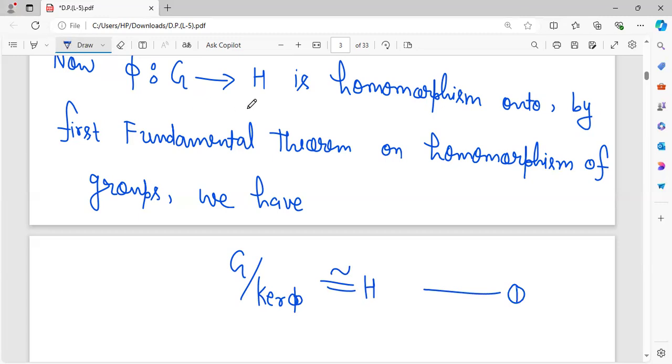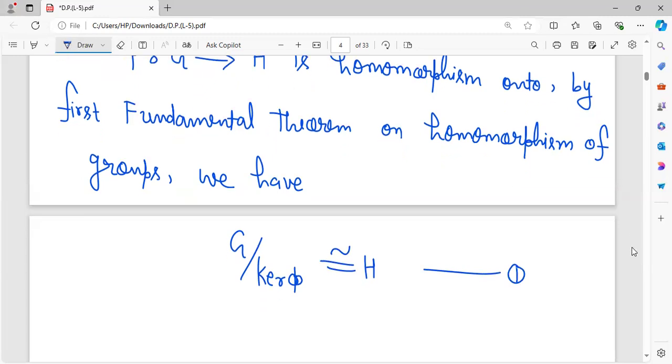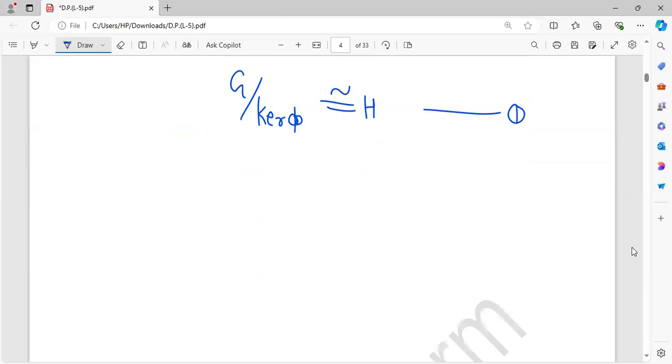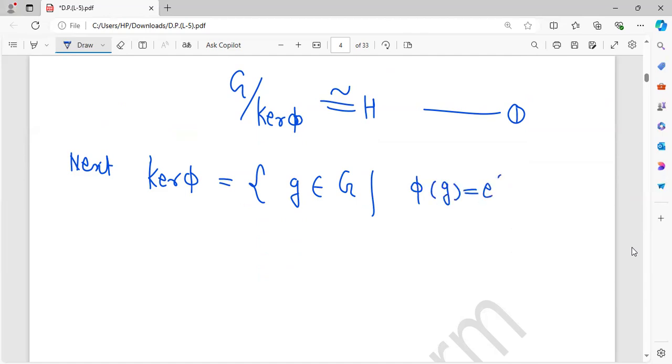Now, what is the kernel of phi? Kernel of phi is equal to the set of g belongs to G such that phi of g is equal to identity.